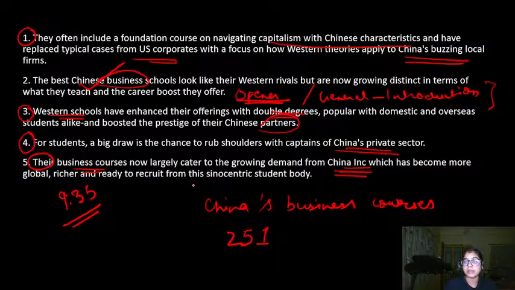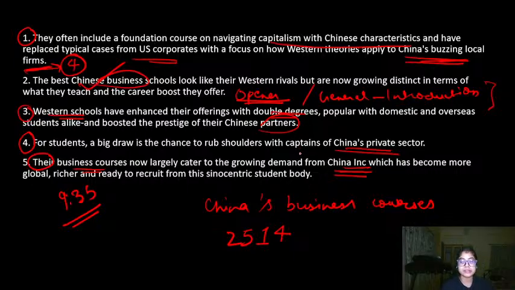For students, a big draw is the chance to rub shoulders with captains of China's private sector. Okay, this concludes why the Western theories have been changed or applied to China's buzzing local firms. This follows up directly on the idea discussed in statement 4.